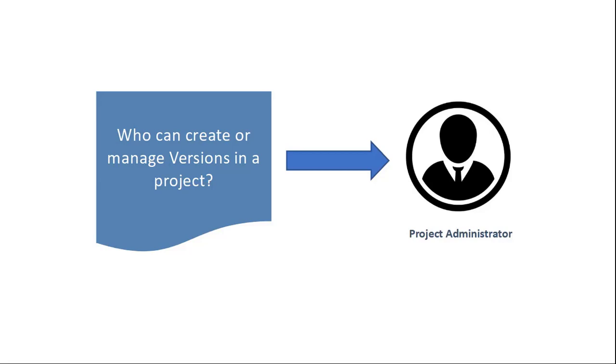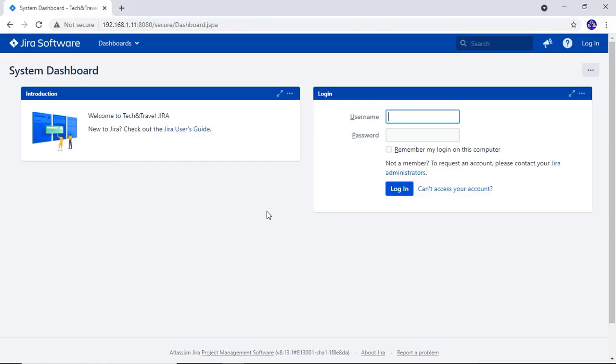Now, let's head over to the JIRA console and understand how to create and manage versions within a project. We are in the JIRA console now. Let's log in with the user who has project administrator rights. We have seen in our last video how to give a user project administrator privileges.